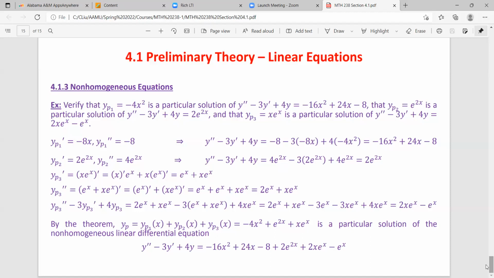Then we can break up the right-hand side into 3 different parts, and for each part, we just find the particular solution and add those particular solutions together to get one particular solution to the differential equation. All right. So this is the end of this section. Any questions?